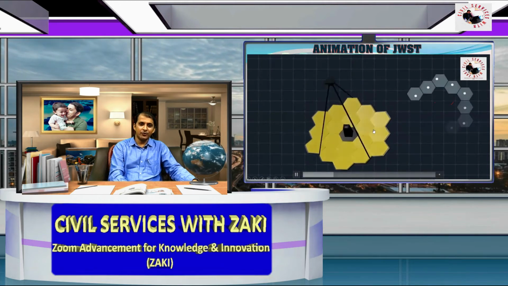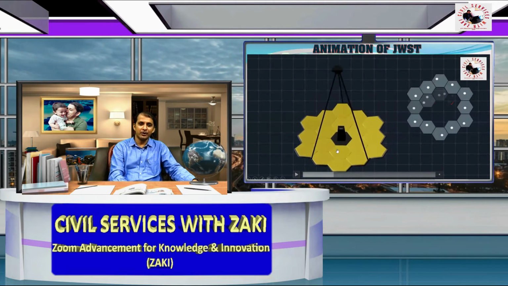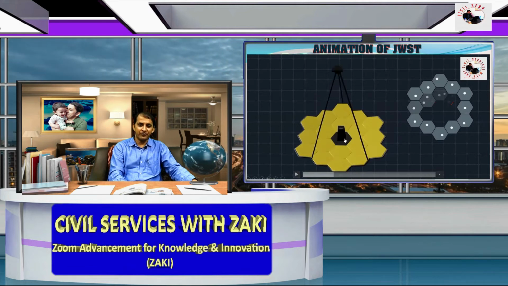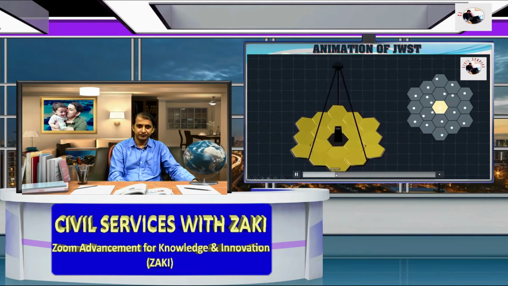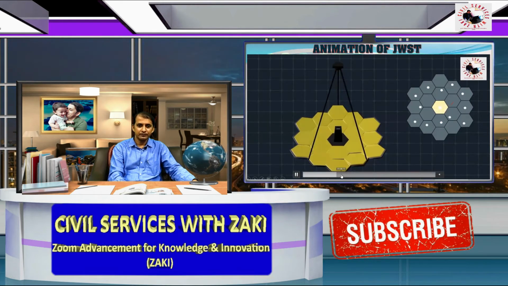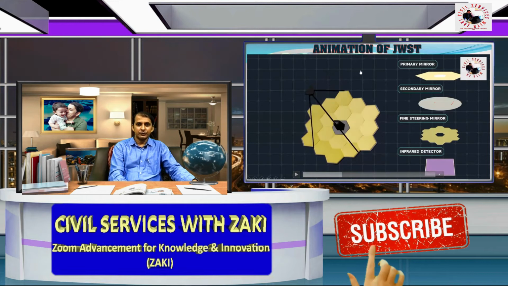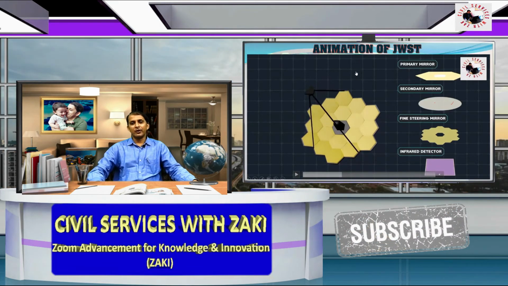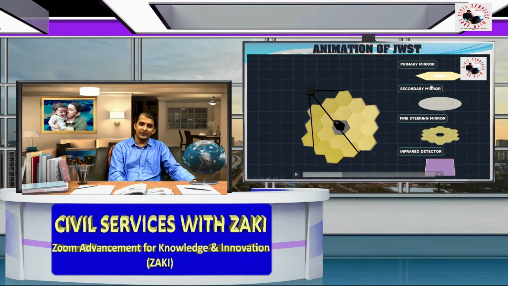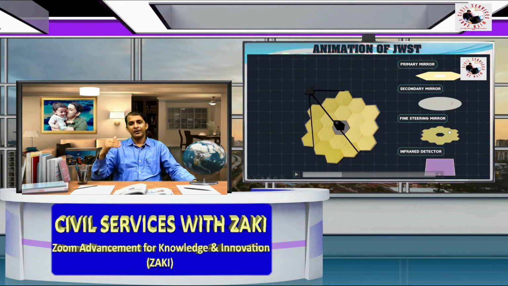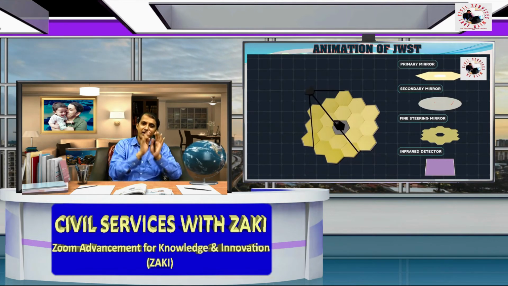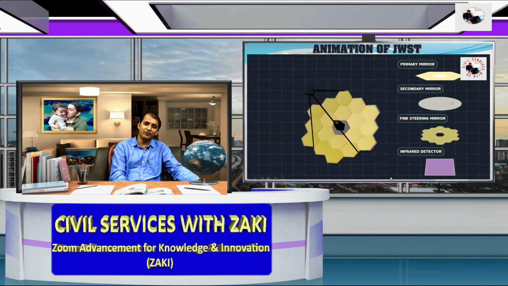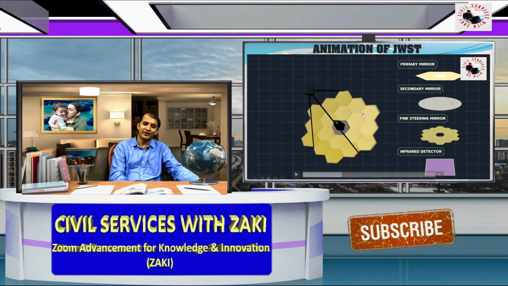It is made of 18 hexagonal mirrors. The primary mirror collects the light and sends it to the secondary mirror. After the secondary mirror, another mirror is the fine steering mirror. They refine the image, and it finally goes to the instrument called the infrared detector.